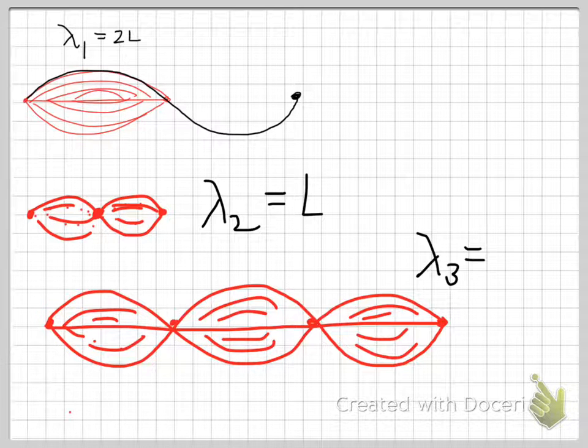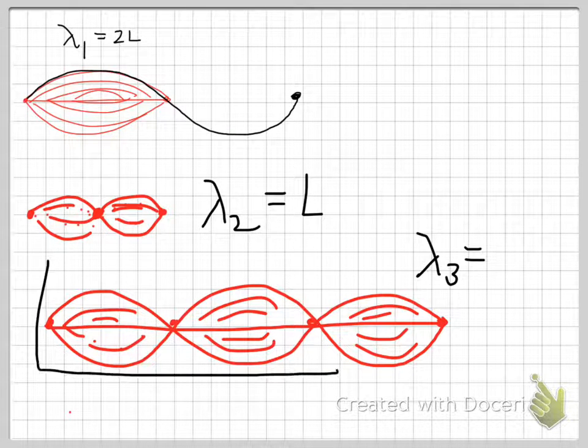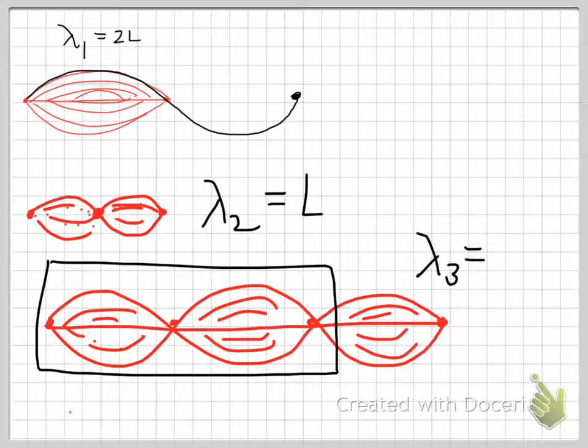And there's a really simple relationship with the number of antinodes that you see. Because a wavelength is always going to be how many antinodes? 2. Because you have to go through that entire cycle of motion. So here you have 3 antinodes. Lambda 3 equals 2/3 L.